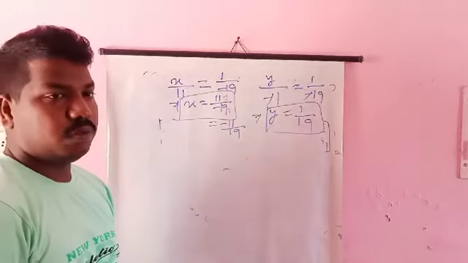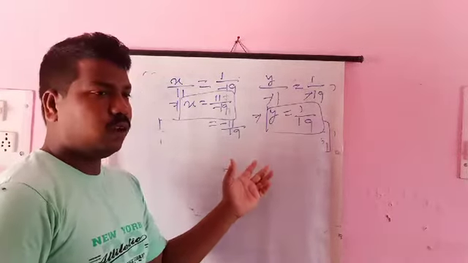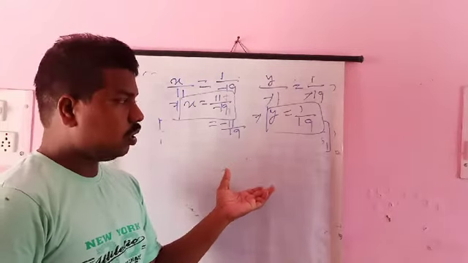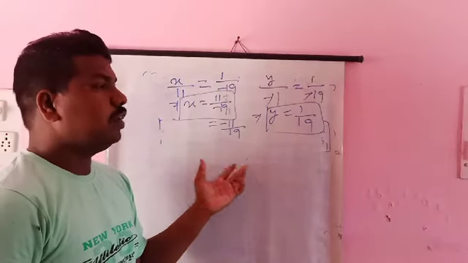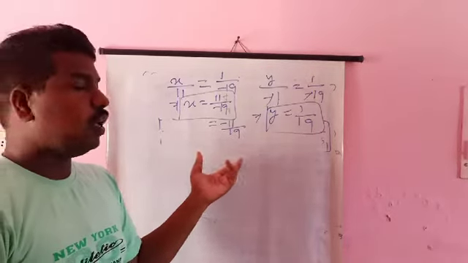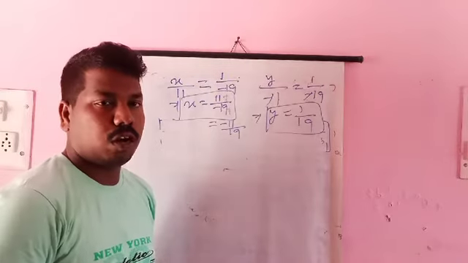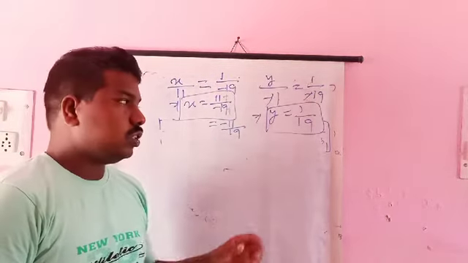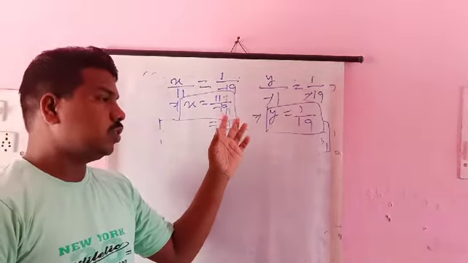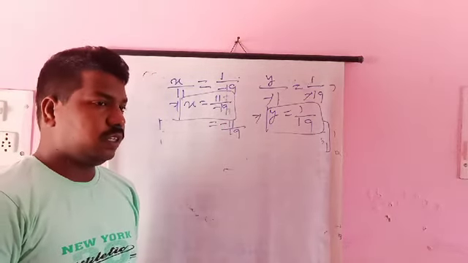These three methods are very important because they come directly in the board examination, or in applied type questions. Suppose a word problem comes, then we have to apply any of these three methods to solve the pair of linear equations word problem. So the substitution method, elimination method and cross multiplication method are the most important part.